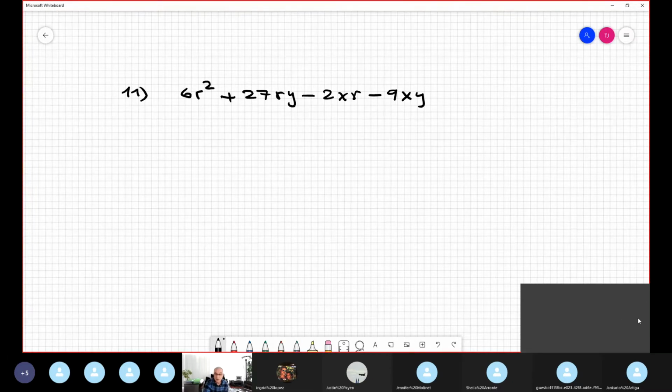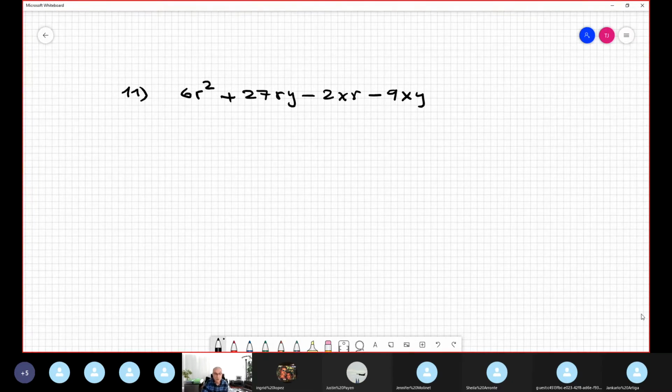Okay, now, again, same situation. Can you help me? What is the GCF in the first couple? What is the GCF in the second couple? What is the GCF in the first, in the blue bar? It's 3R. 3R. Very, very well. 3R, because inside 6 we have 2, 3.